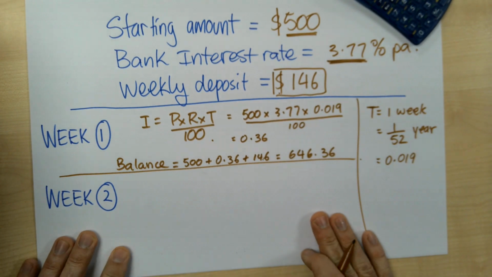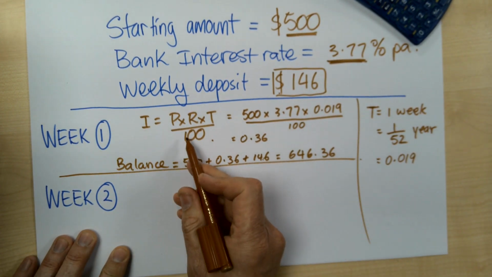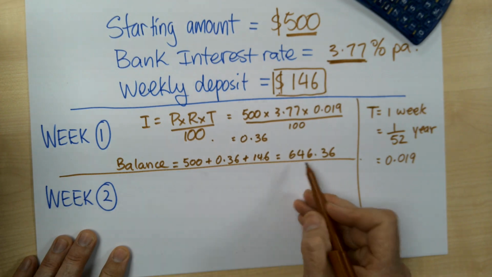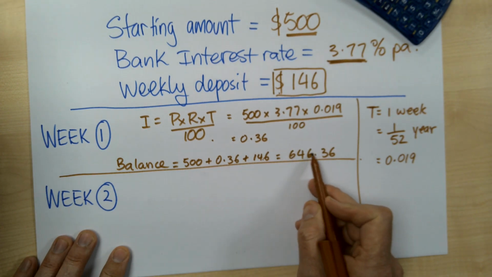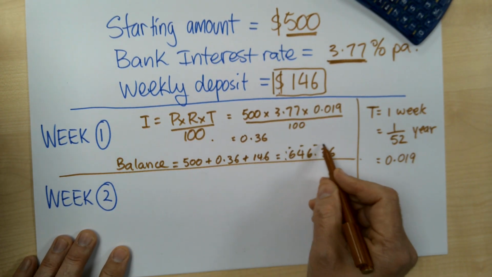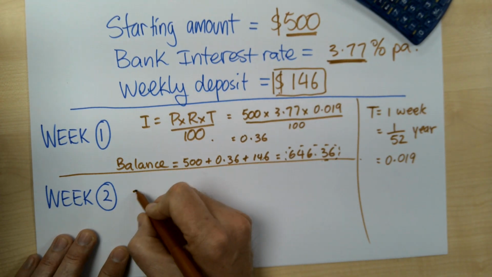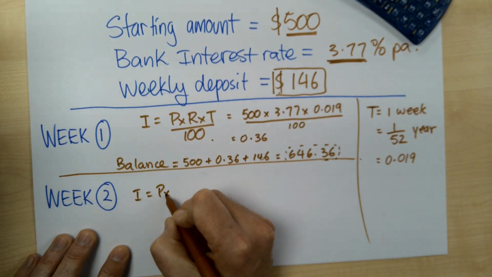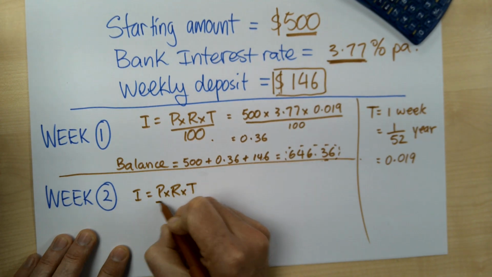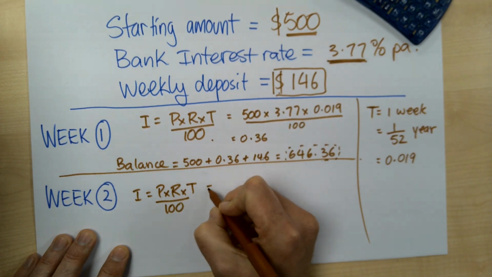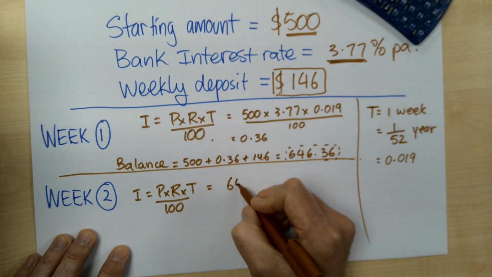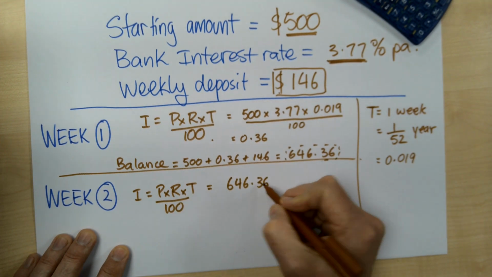Moving on to the second week. The principal that you've got in the second week is actually what you finish with here. This amount here rolls over into the second week and that becomes the principal. So I equals P times R times T over 100. So that's the principal, 646.36.